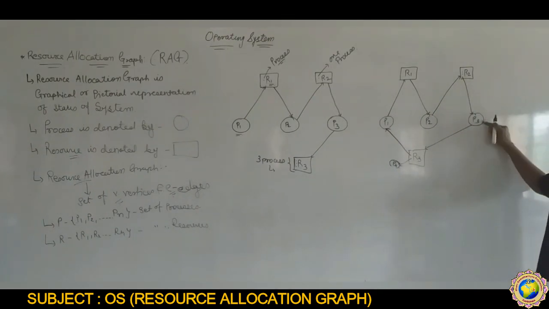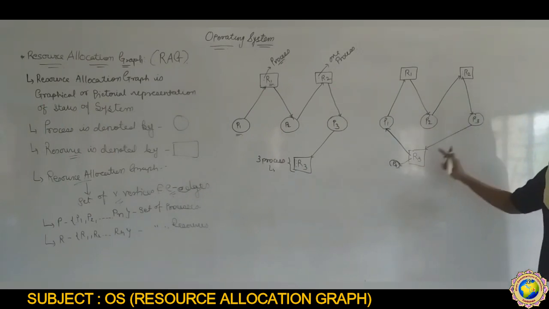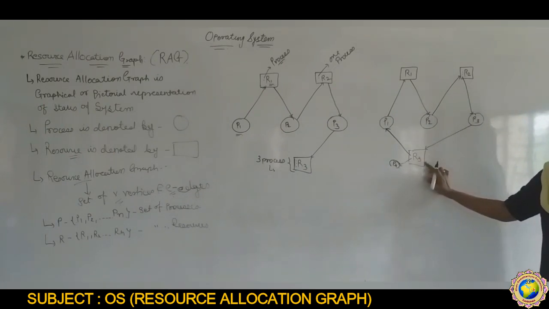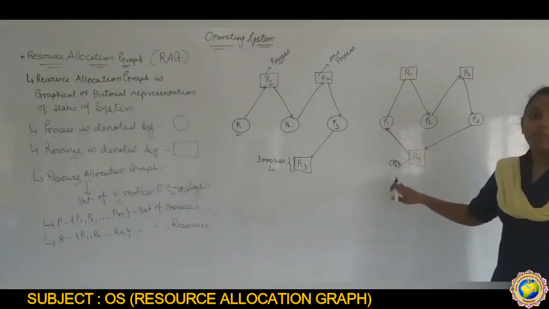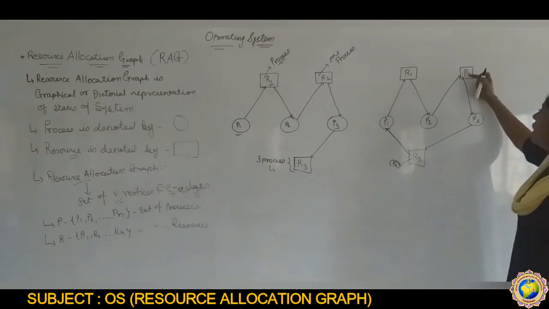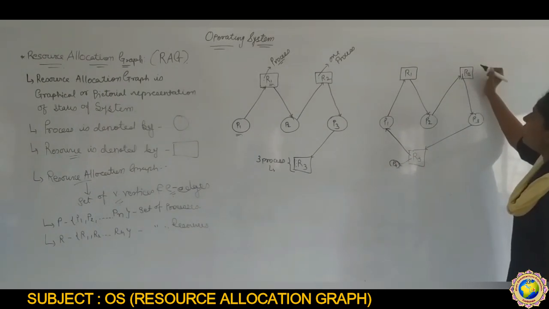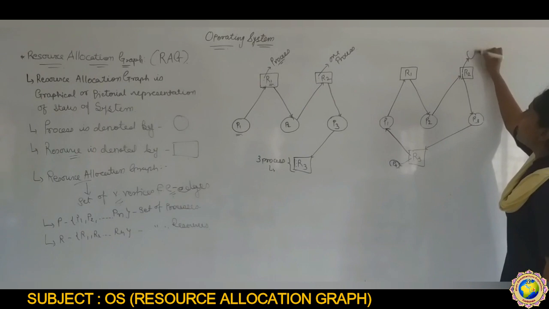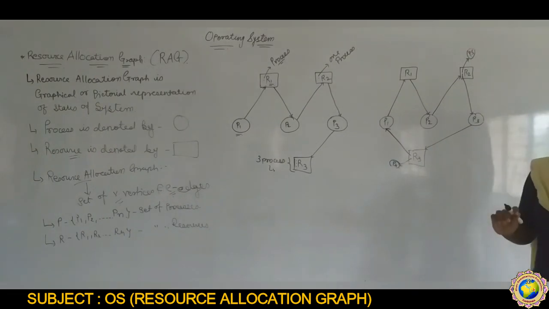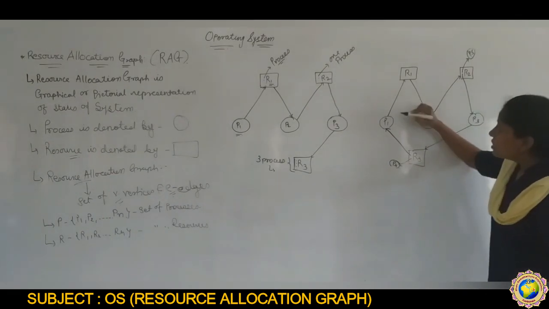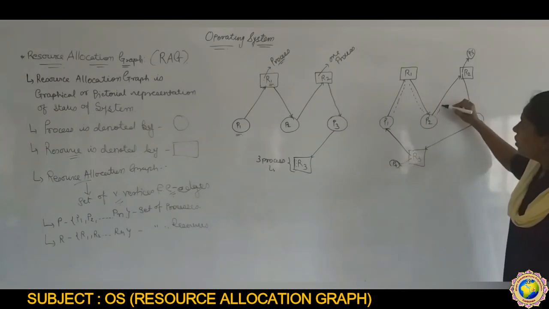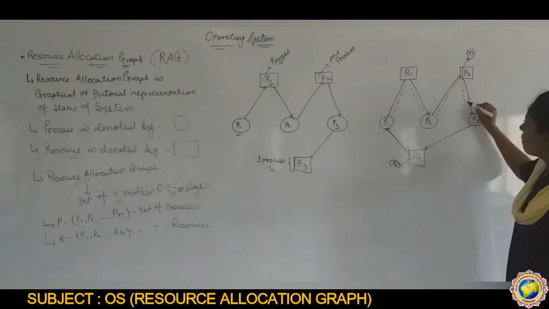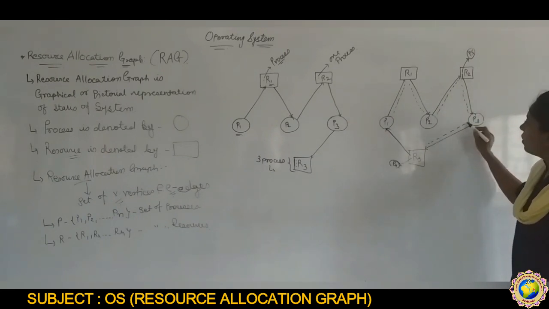R2 is already allocated to P3. P3 is requesting R3. R3 is already allocated to P1 and P4. It may be possible here the two instances are there, right? So another process we can write down, P5. So see, here to here, here, here, here.